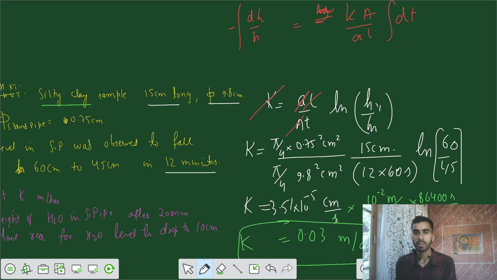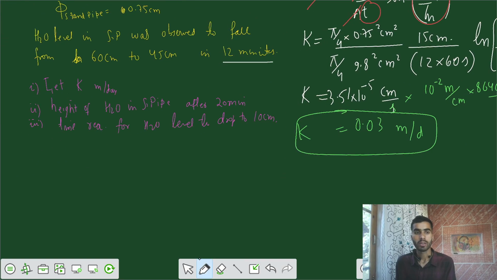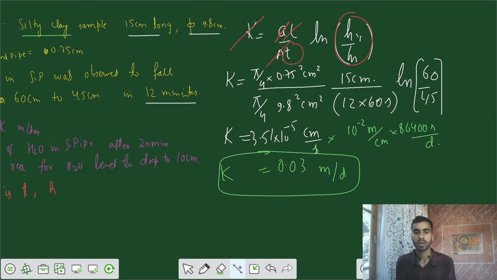Your variables are only time t and the height in the standpipe, for the solution of the other two parts. So we can ignore the constant part.